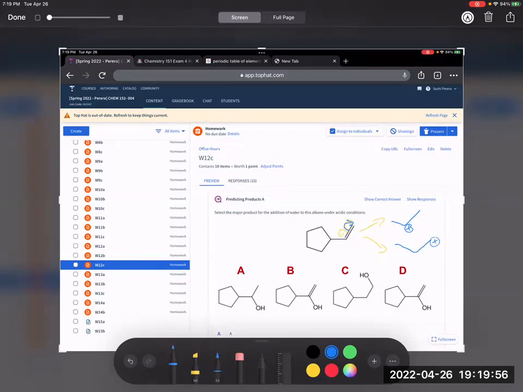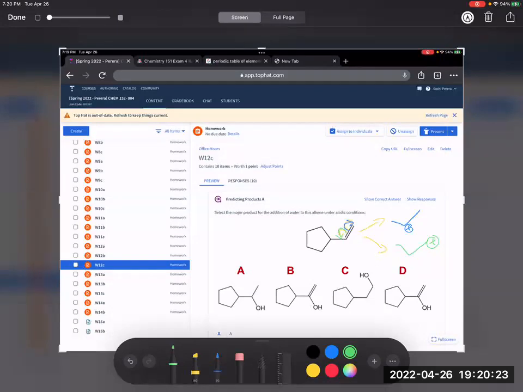Let me use a different color for that. Let's select green. You can get the cation on the terminal carbon. For that to happen, this double bond should break towards the left.